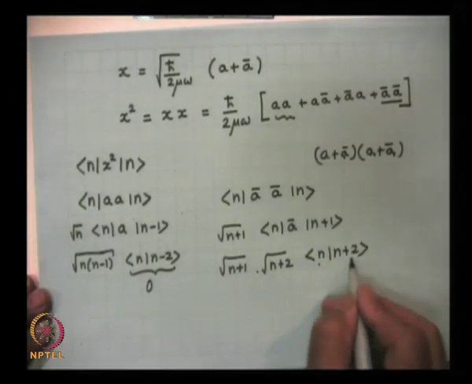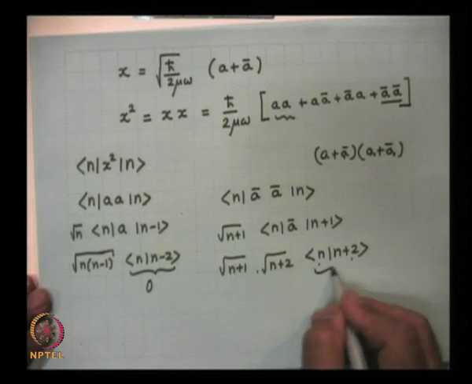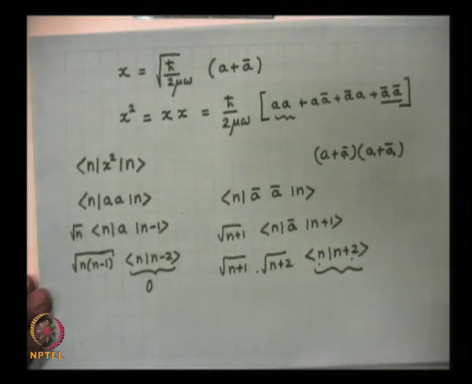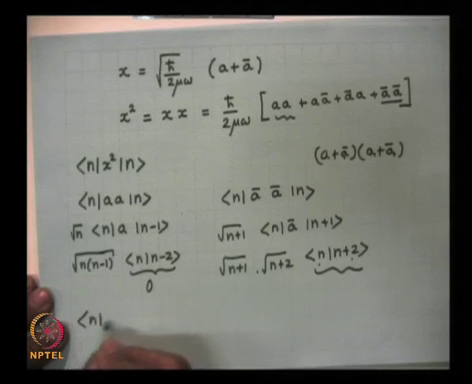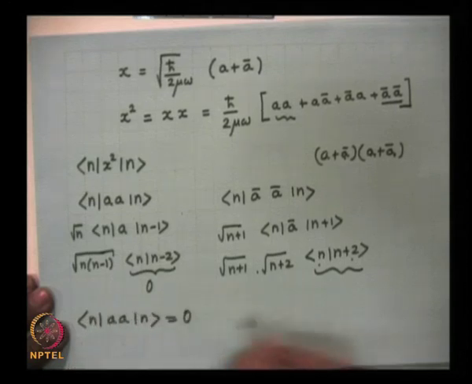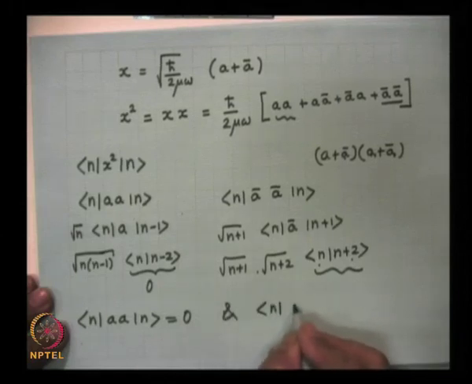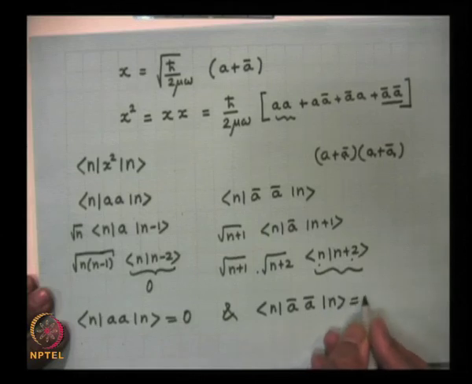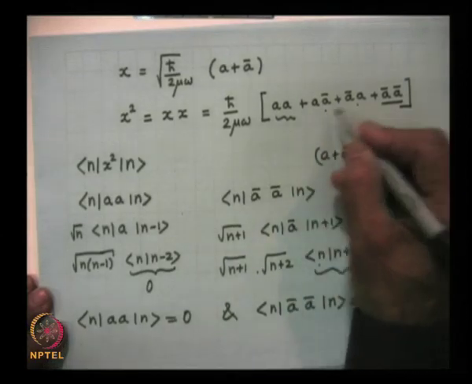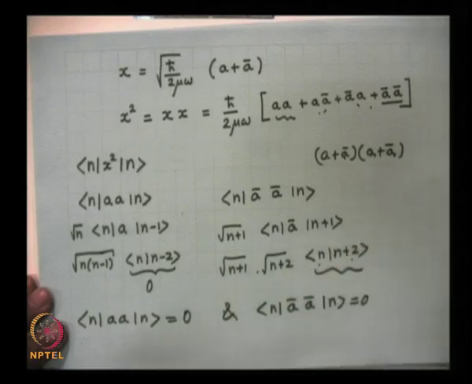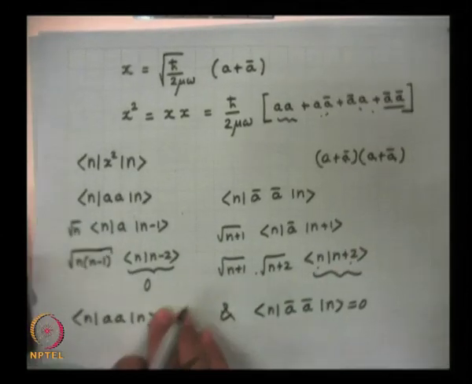So, since these two numbers are not equal, this will also be 0. So, therefore, we get the relation that bra n a a ket n is 0 and bra n a bar a bar ket n is also 0. But the matrix elements corresponding to the other terms will not be 0, as I will show in a minute.